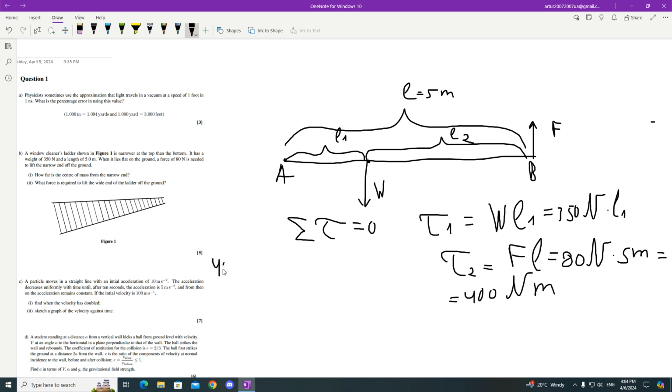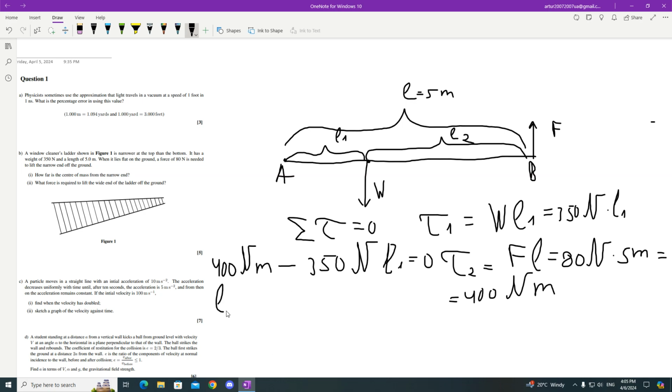What now? We have 400 newton meters minus 350 newtons times L1 is equal to 0, because there is no angular acceleration, so the torque is 0. It's like the first Newton law.